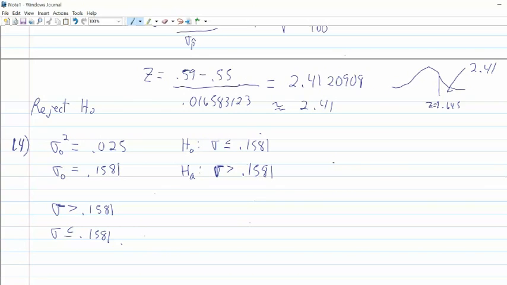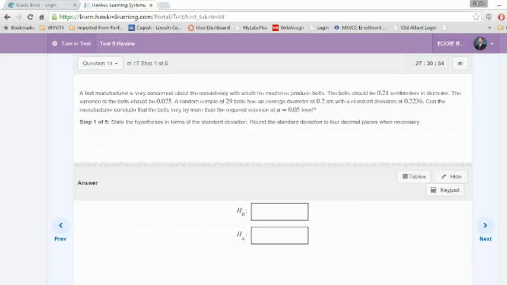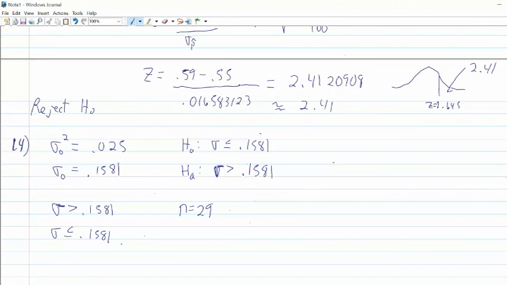0.1581. Now, we were also given that there was a random sample of 29 bolts. So n equals 29, where we may need it. We were told that those 29 bolts had an average diameter of 0.2 centimeters. We're going to call the standard deviation S, since it's from the sample. It's really just S, but your text uses S sub O in a lot of these, which you don't have to use.